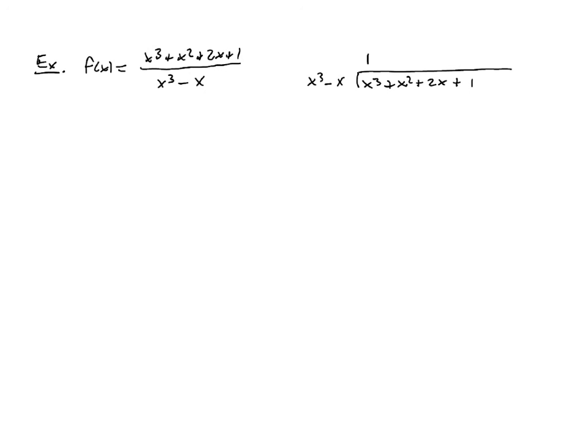So I multiply 1 times x cubed minus x, and then I have to subtract. So now we end up with x squared plus 3x plus 1. And that, because it has degree smaller than x cubed minus x, is my remainder. And the 1 on top is my quotient.